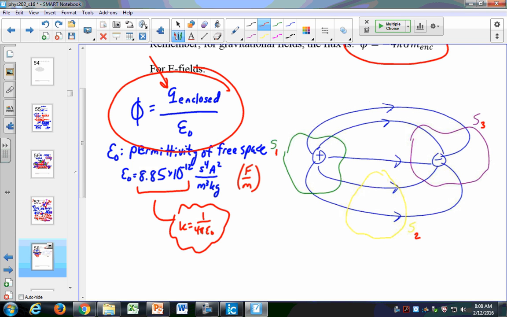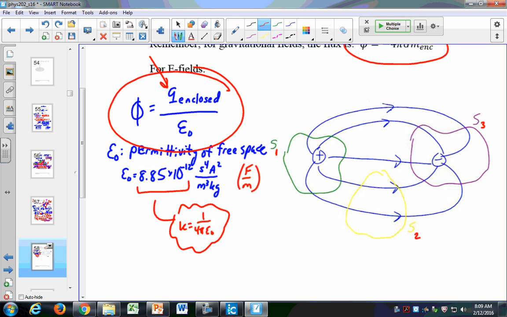We can measure the electric field in and around these surfaces and figure out the total charge within each surface. So with this surface, would I have a positive, negative, or 0 flux through this surface?